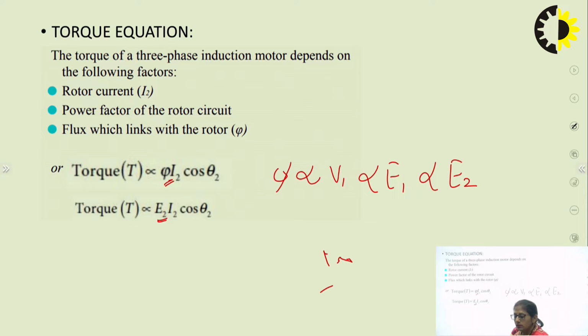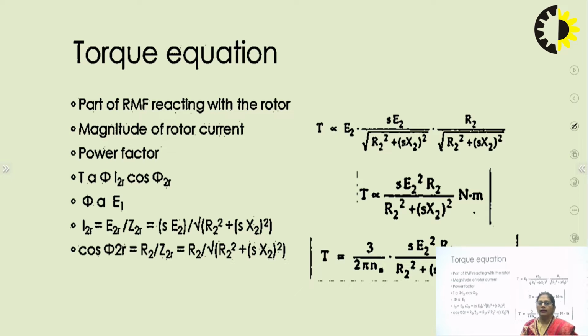Moving on, if I substitute the values, the torque is proportional to E2 times I2R, the rotor current at running condition, which is given by S times E2 divided by Z2R.